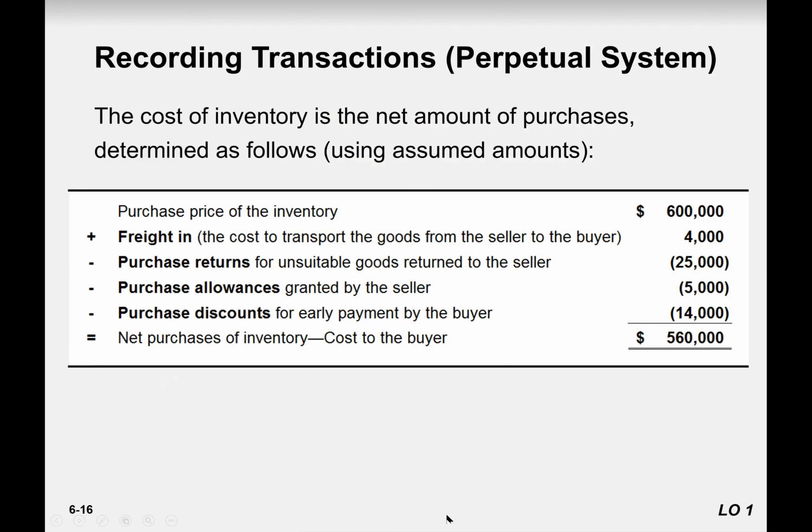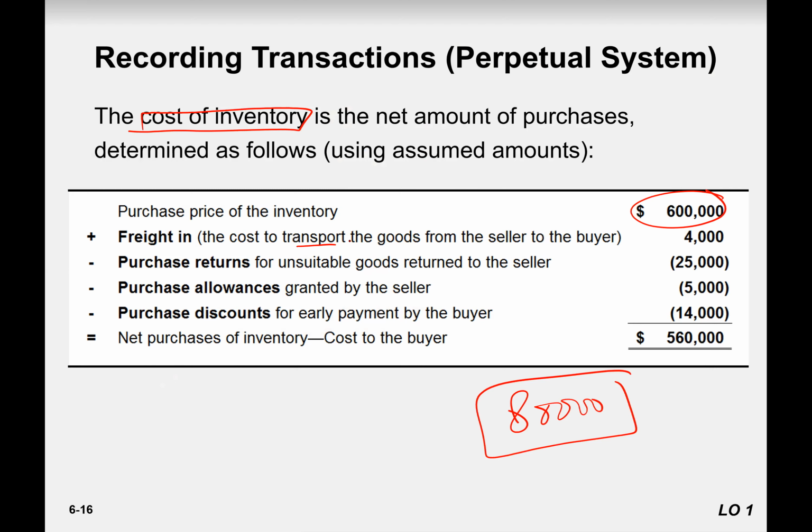So now let's talk about the cost of inventory. Like in our example, I told you the cost is 80,000. So where did this 80,000 come from? For example, we purchased inventory worth 600,000, and now the freight in, which means the cost of transportation from seller to buyer.